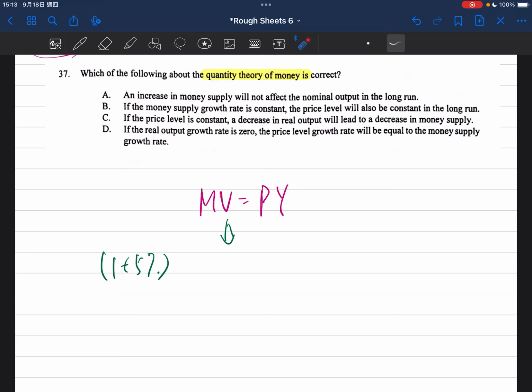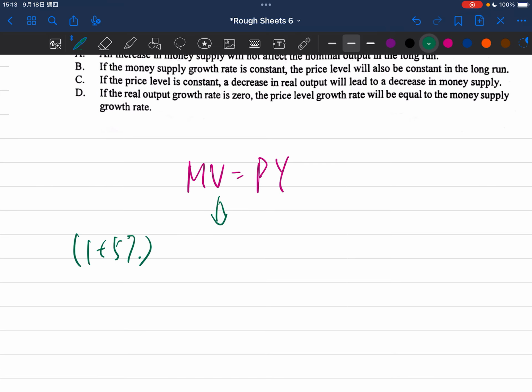For simplicity, we assume it's a constant. So I assume the money supply increases by 5%, the velocity of circulation remains unchanged, and I assume the price level increases by 3%. So what's the percentage change in the real GDP?